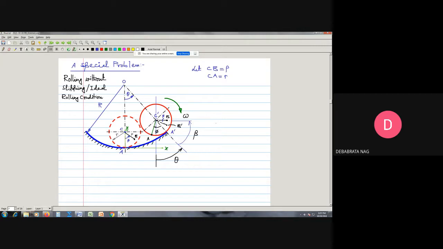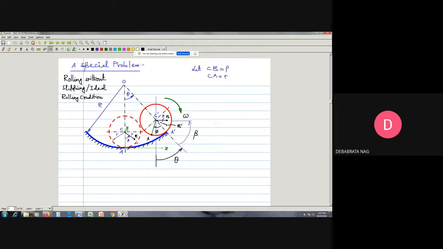On this rigid body, let us identify a point B, on the cylinder or the sphere-like body, which is making an angle phi with the radial line CA, correct?